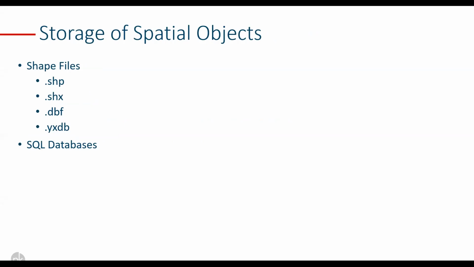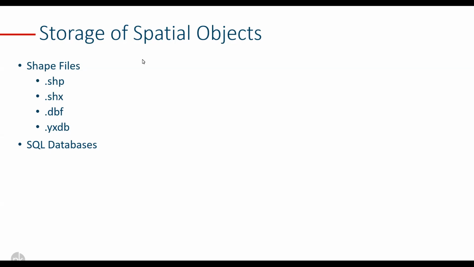There are a few ways that you'll find spatial objects stored within Alteryx. .shp are generally the most common. Those are shape files, and that goes back all the way through Esri, and that's where that originated. When you download things, usually government sites have a lot of the free geospatial data out there.